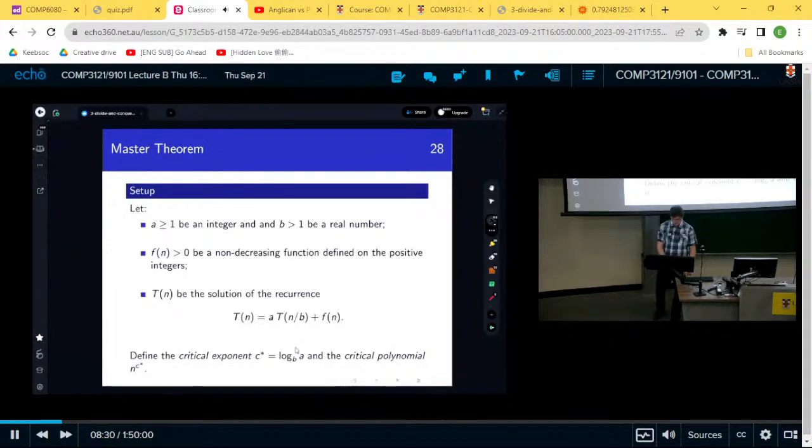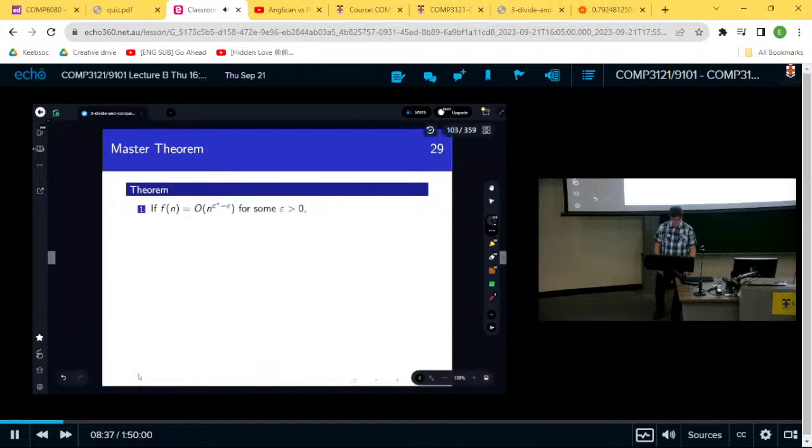We have this critical exponent here, and the critical polynomial, which is n to the power of this exponent. The first case is when the computation at each level is smallish, less than the size of the recursion tree, so we can remove an epsilon from this exponent. Then the running time is dominated by just the size of the recursion tree.